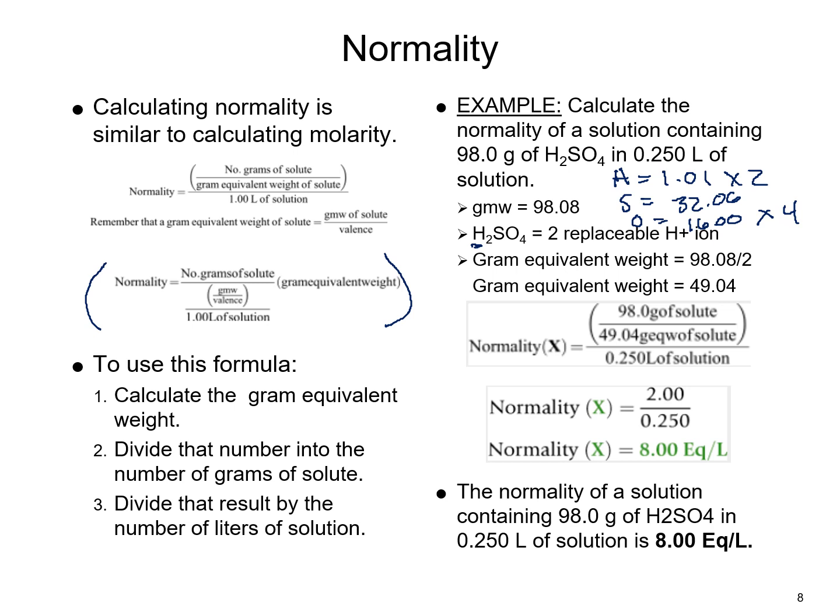When you work this out, it's 1.998 something. When you round that to the 100th position, that's going to give you 2.0. When you work that out, your normality is 8.0 equivalents per liter. And so that's how you do your normality calculations.